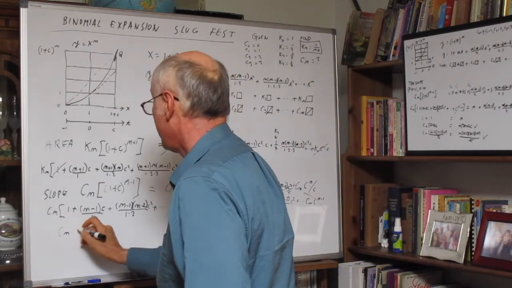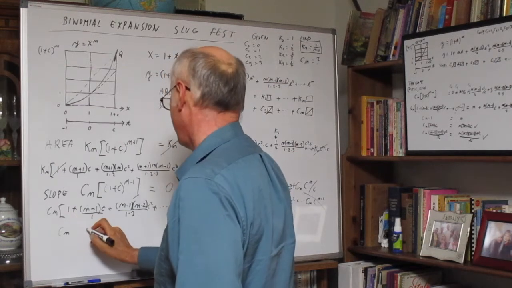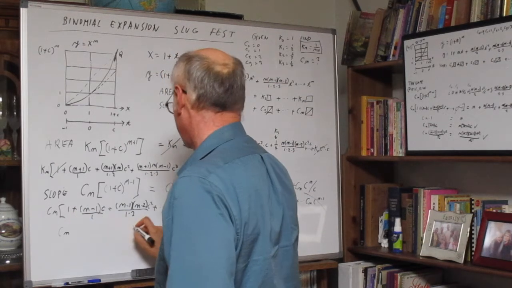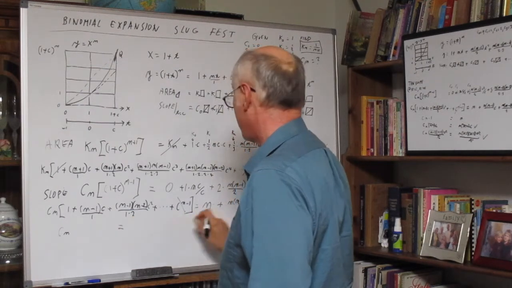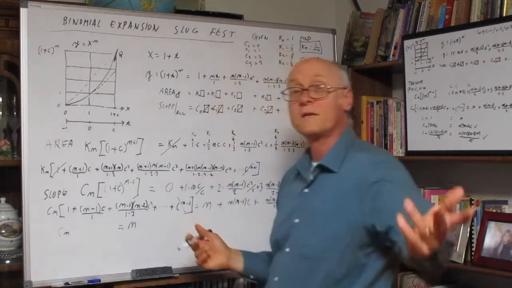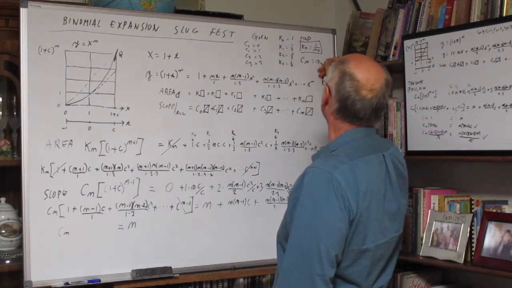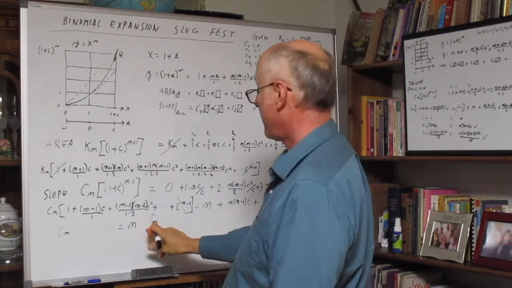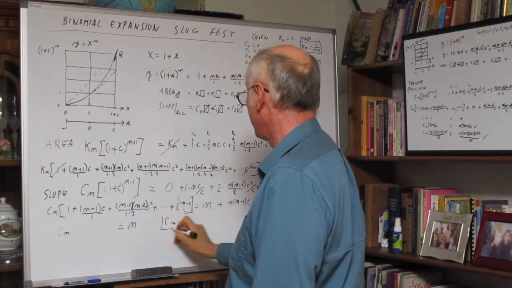C sub n times 1 equals what? Equals n. That was pretty simple. C sub n is equal to n. That was really simple. We kind of knew that. But there it is. C sub n equals n.